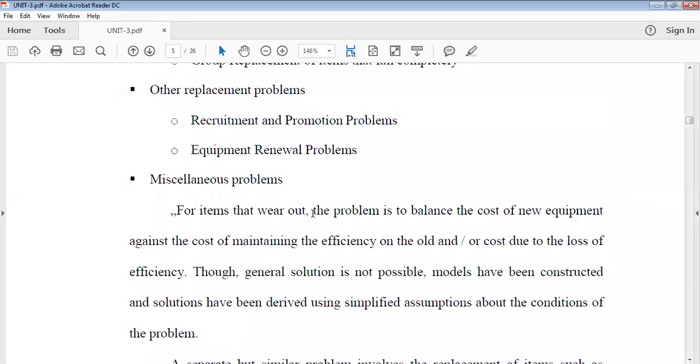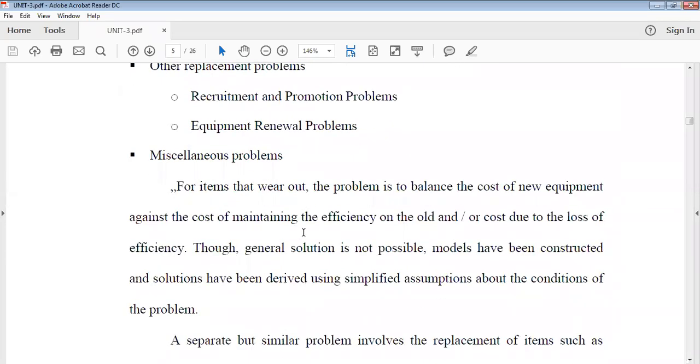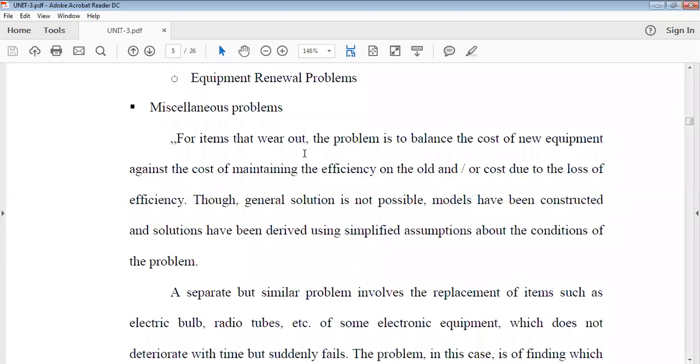Next, miscellaneous problems for items that wear out.